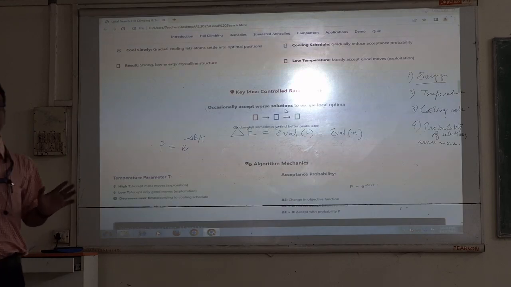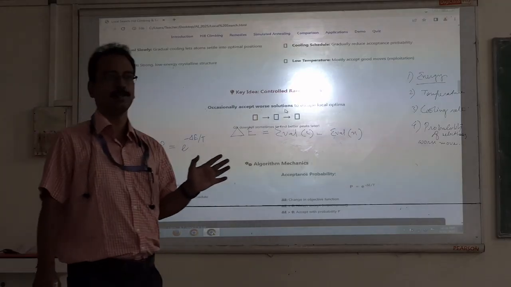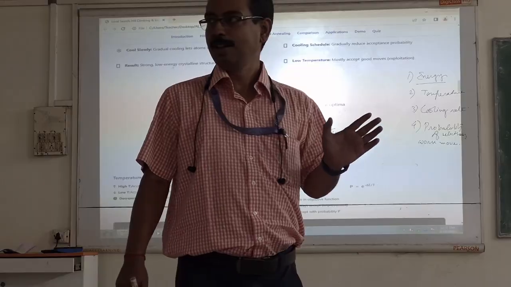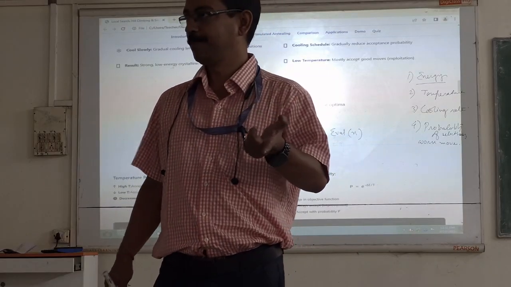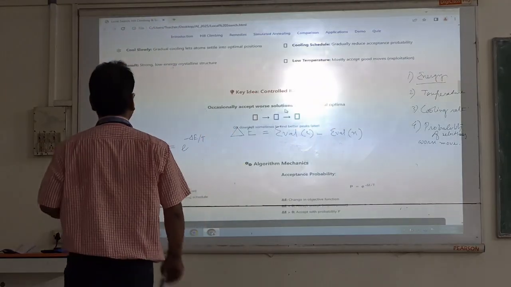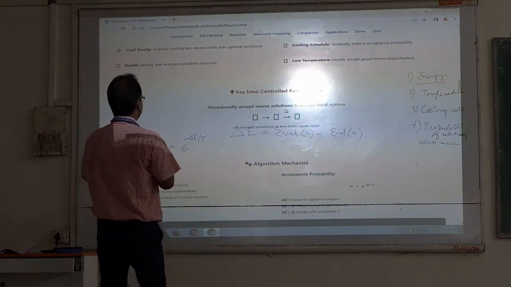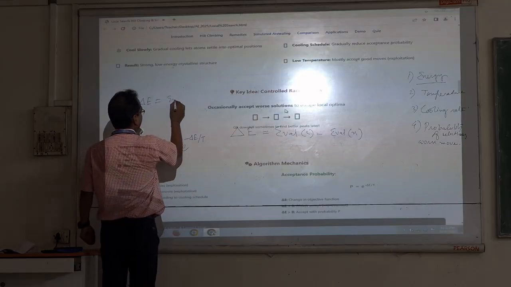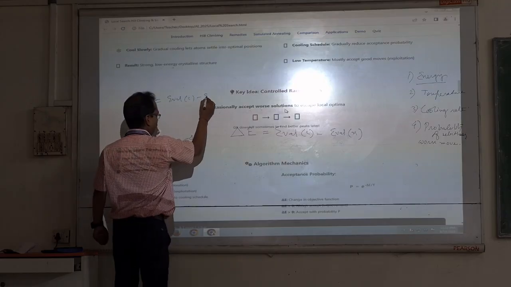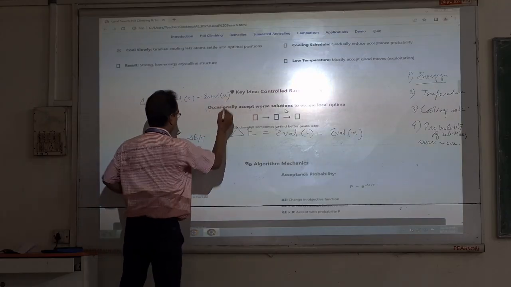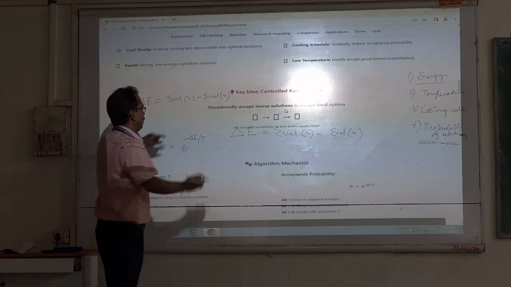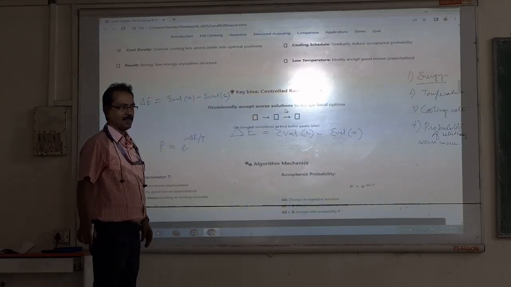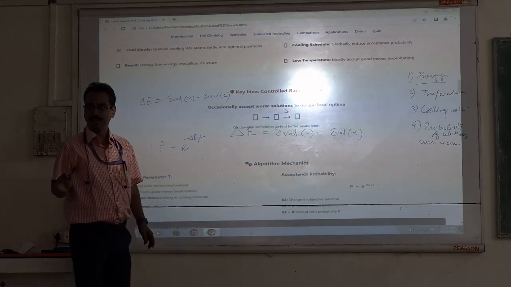So obviously you will understand, whenever delta E is positive, this P value will be high. When delta E will be positive, try to remember what was the equation of delta E? Eval C minus eval N. Sorry, eval N minus eval C. Whichever you do, accordingly will decide, no problem.